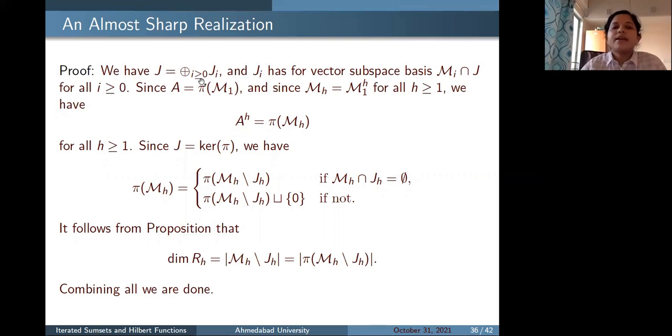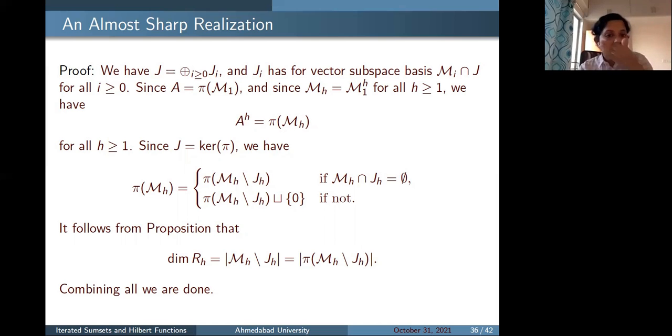J can be written as a direct sum of J_i's, where J_i is a vector subspace which is M_i intersection J. Now since A is my pi of M_1, I'm taking A to be this, and you can see that M_h is basically M_1 power h. So we have that A^h is pi of M_h. That is the first point.